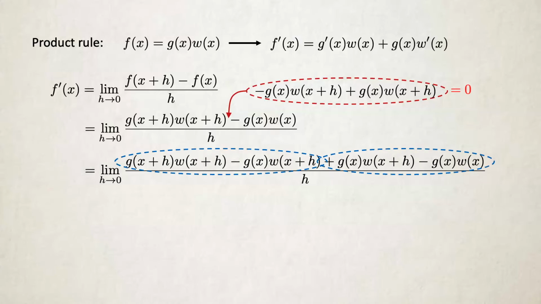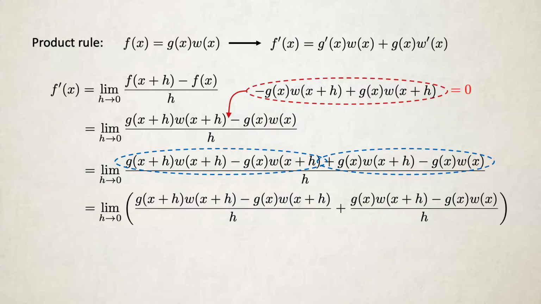Now let's split the first two terms from the last two terms. Then we get the limit as h approaches 0 of g of x plus h, w of x plus h minus g of x, w of x plus h, over h, plus g of x, w of x plus h minus g of x, w of x, over h.